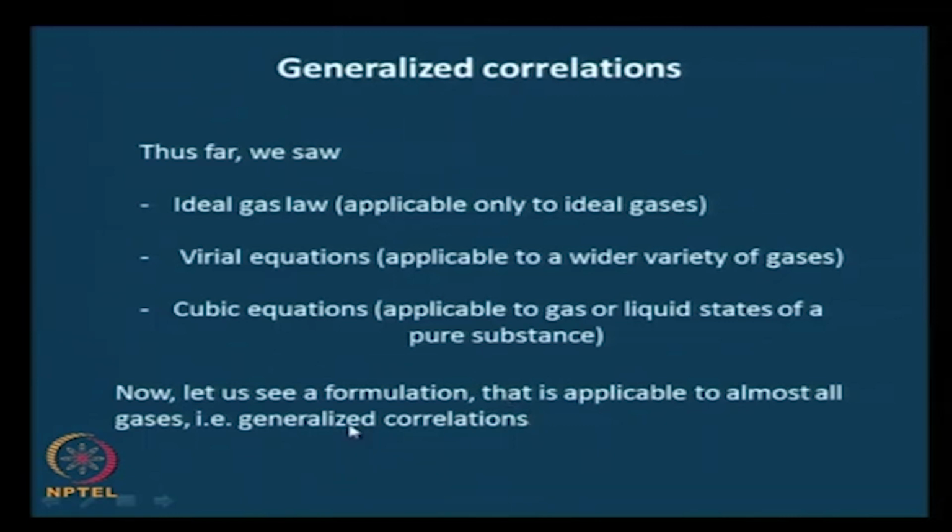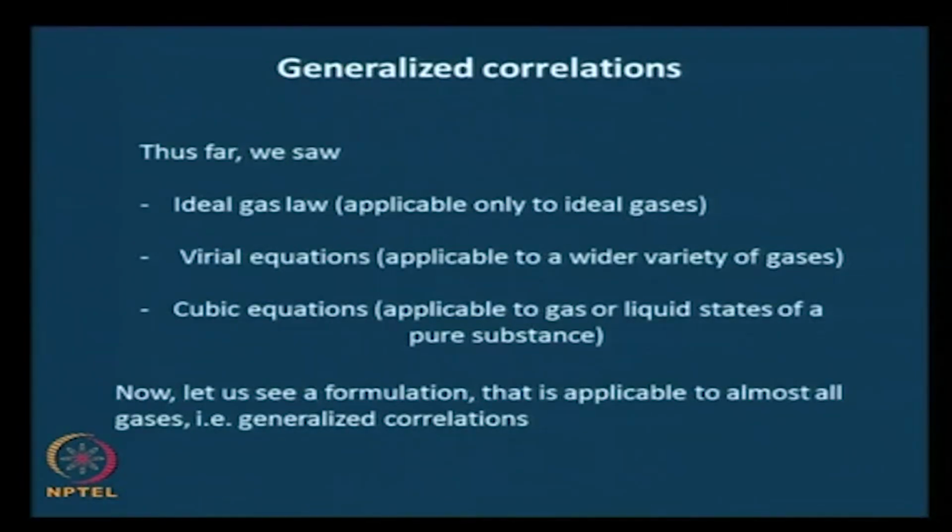So, this part of the module focused on the PVT relationships in increasing degree of generality in a certain sense. In the ideal gas law, a very narrow range of application; virial equations, a wider variety of gases, though from some small number of gases.